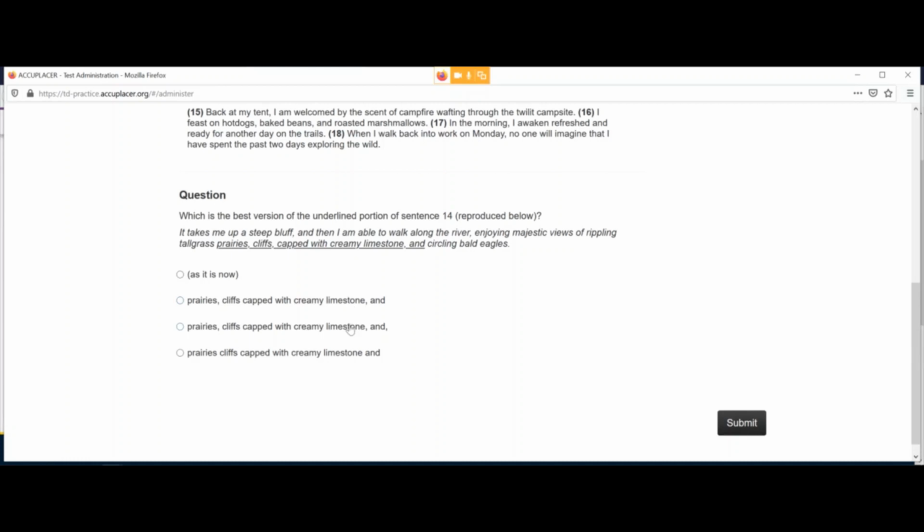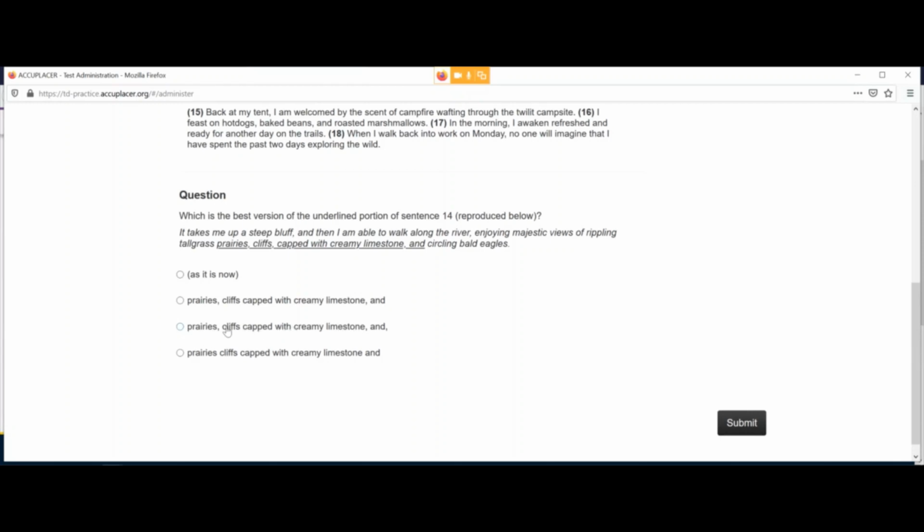You will notice they are exactly the same. The third choice is exactly the same as the second choice with one differentiation. What is that? It is that there's a comma after and. Very, very rarely do you place a comma after and. If you have items in a series, as we have here, the comma needs to go before the and, not after.